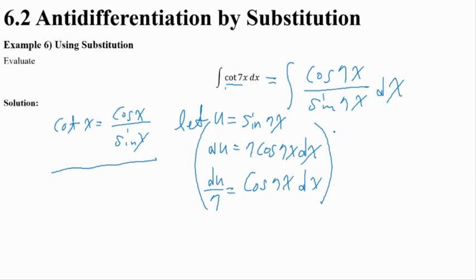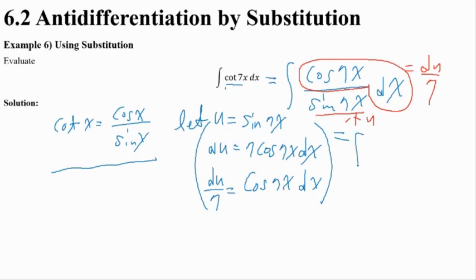Now let's substitute. Let me change the color so you can see that. So this part, cosine 7x dx, equals du over 7. Okay, now just plug in.